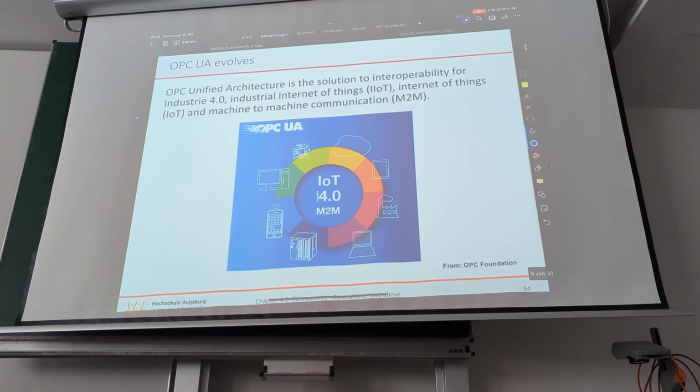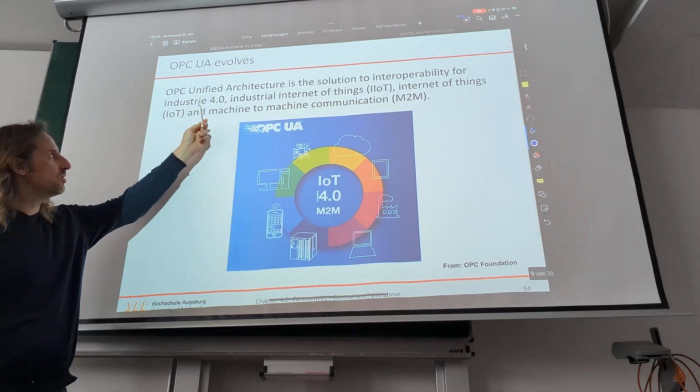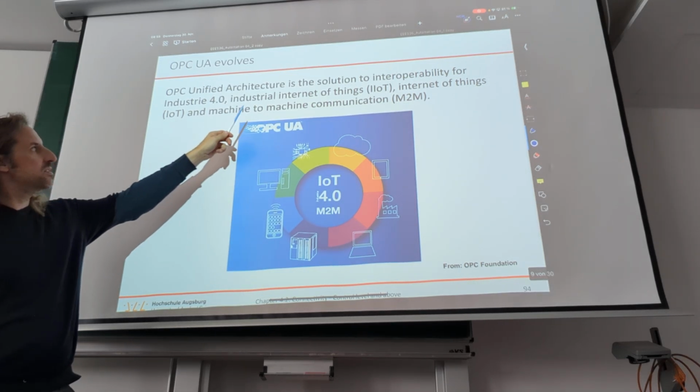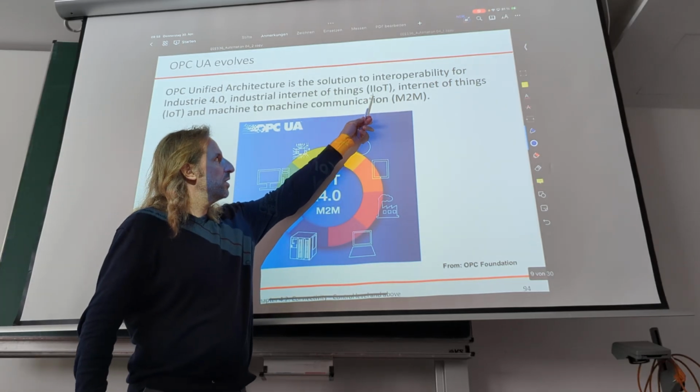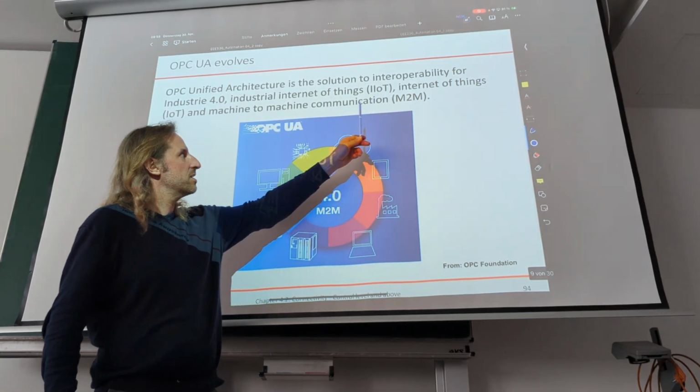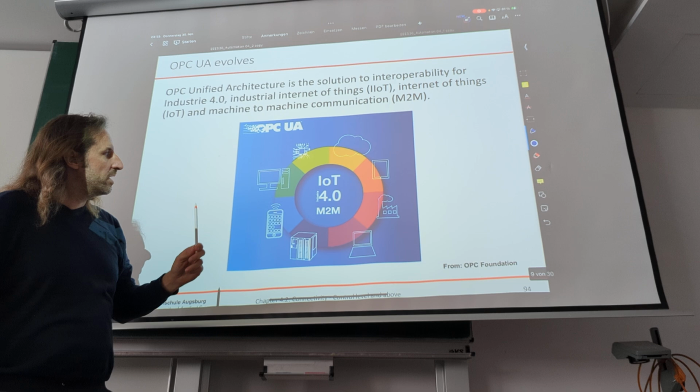So that's where OPC Unified Architecture came into place around 2005, and then later was incorporated in these Industry 4.0 standards and became the standard of Internet of Things, or Industrial Internet of Things, and machine-to-machine communication.